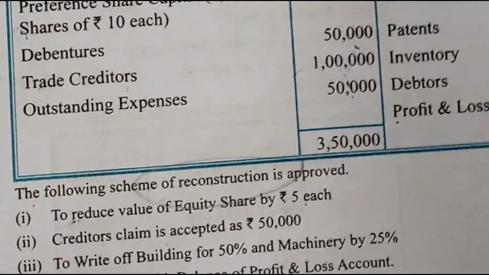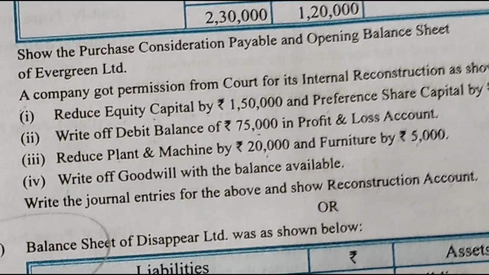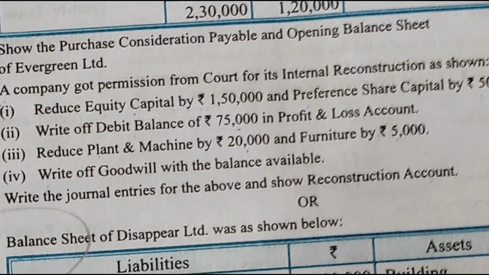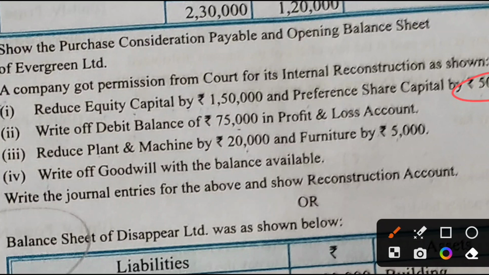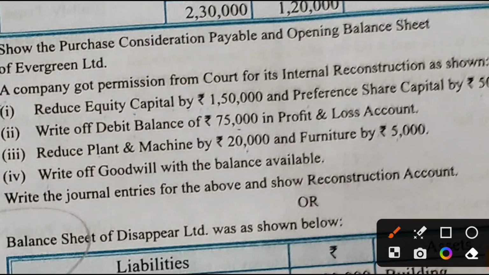Like this, the old value and new value concept will be there, but in this case they directly say reduce equity share capital by rupees 1,50,000 and preference share capital by rupees 50,000. So the amount is given directly. Whenever they use the word by, you need to take that amount only.